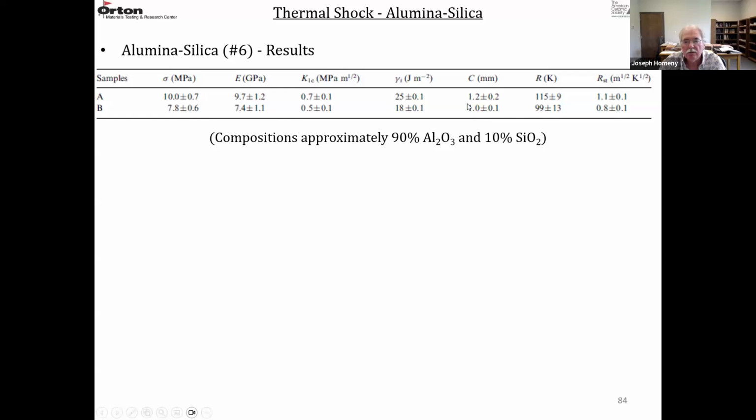C is the crack length, in these materials 1.2 and 1 millimeter. R was calculated in degrees K, 115 and 99.